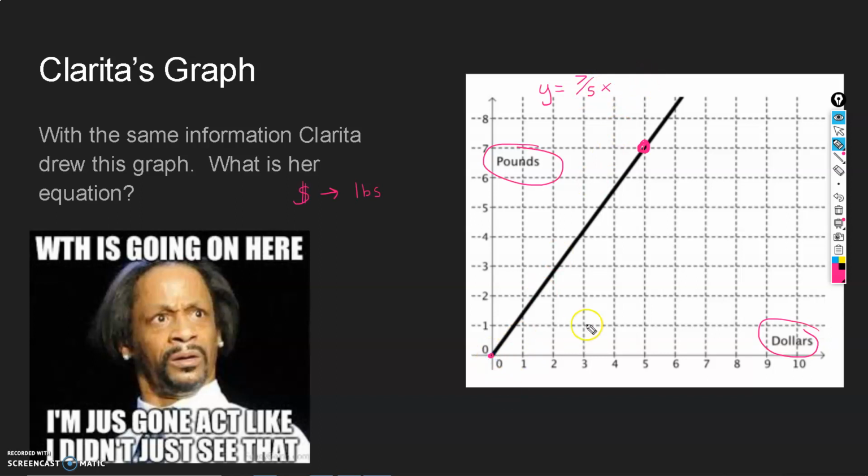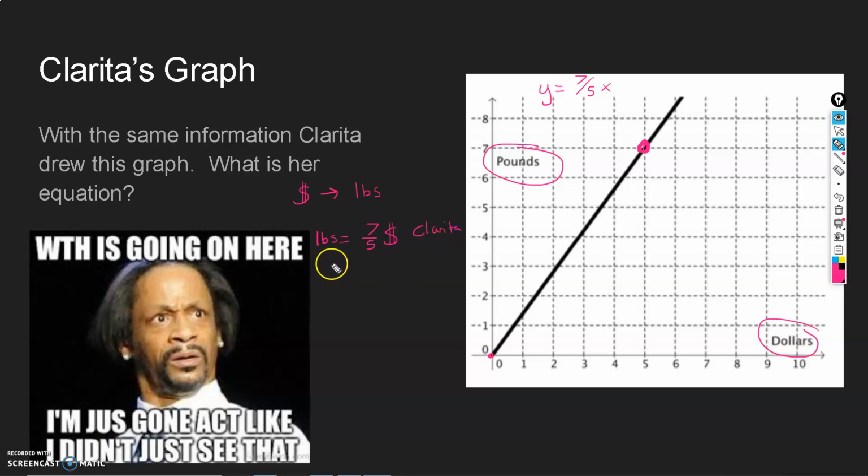So right here, 0, 0, that's my y-intercept. She's basically saying input dollars and we output pounds. So her equation is pounds equals, because the y-axis in this case is pounds, 7/5 times x, where x is dollars, and that's her equation.